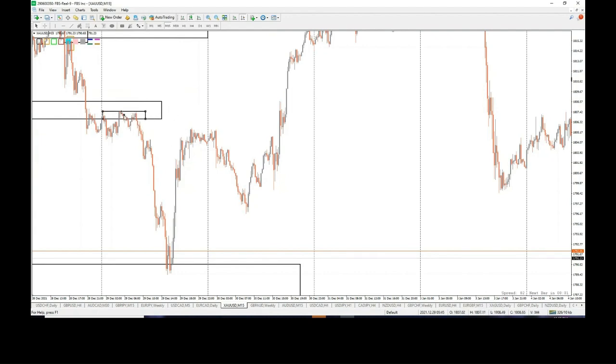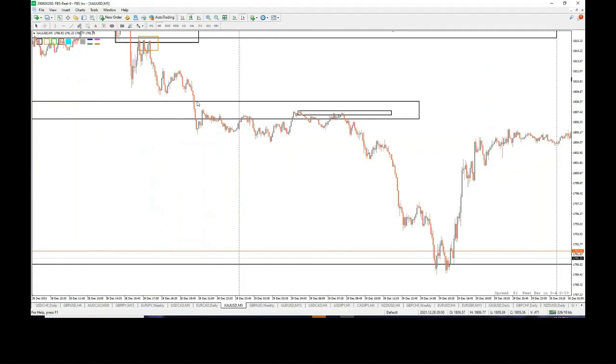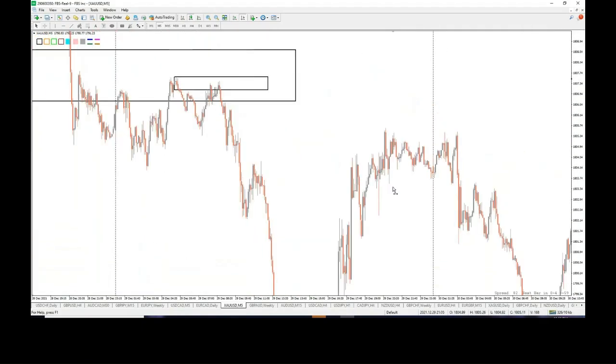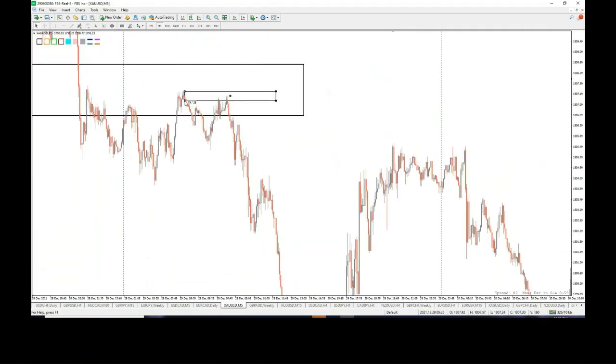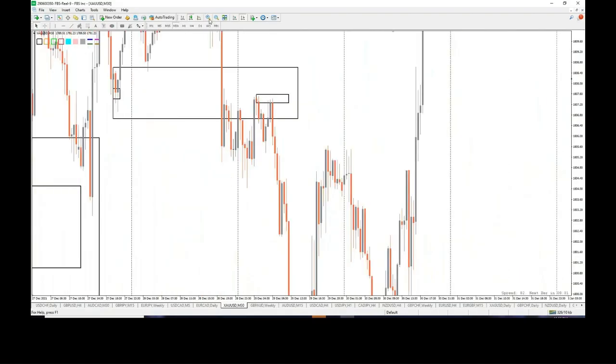It's right here. No, I think it's right here. Do dojis count as engulfings to you? If a doji gets engulfed, is that okay, or do you want to see an actual bullish or bearish engulfing?